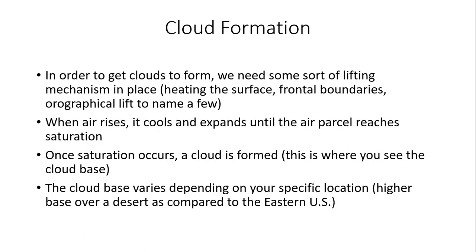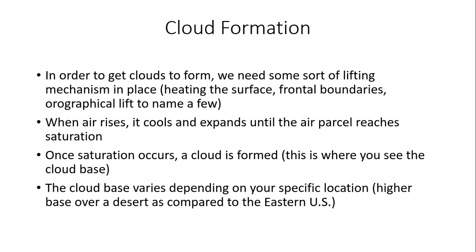In order for us to really talk about clouds and weather, we need to first talk about cloud formation. How do these billowing, visible images in the sky come to fruition? In order to get clouds to form, we need some sort of lifting mechanism in place, such as heating at the Earth's surface, or a frontal boundary coming in to lift the air mass, or orographic or mountain lift.